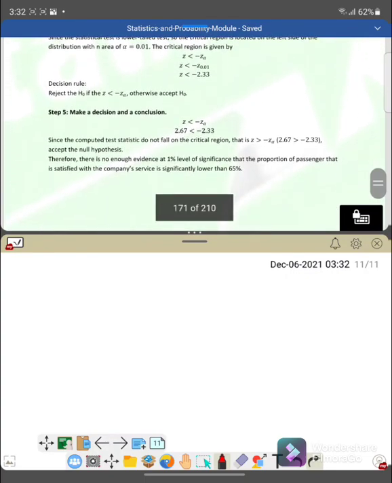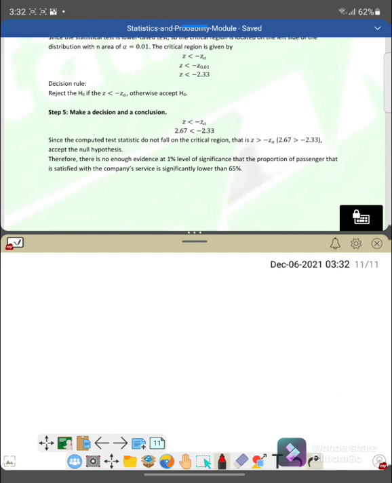Since the computed test statistic does not fall in the critical region, because 2.67 is not less than negative 2.33, z should be less than negative 2.33 for it to belong to the rejection region.